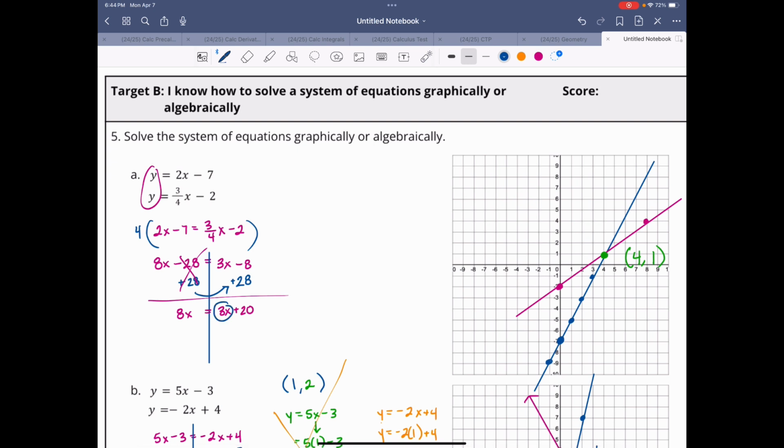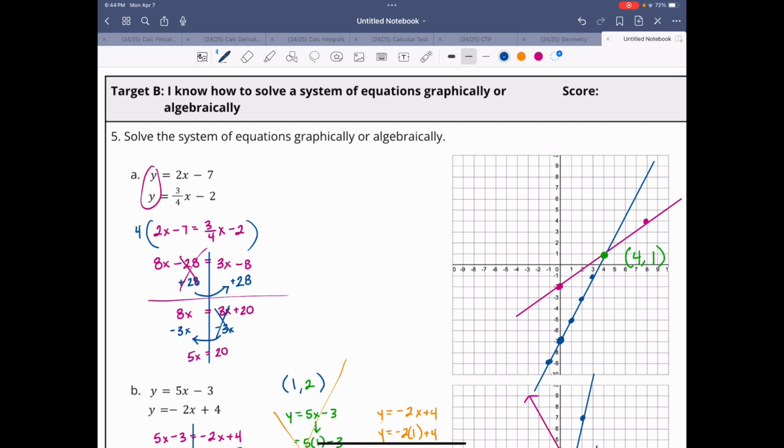Because I don't want there to be 0 on the left-hand side, I'm going to choose to move my 3x. That's a positive 3x, so the opposite of a positive 3x is going to be a negative 3x. So I'm moving that in that direction. Again, that's gone. So what you're left with, let's see, 8x minus 3x is going to be 5x is equal to 20.